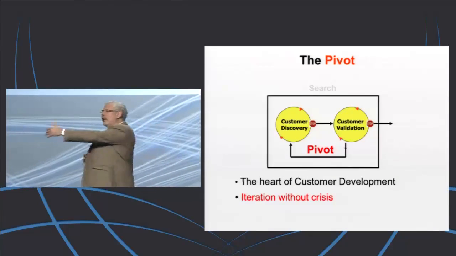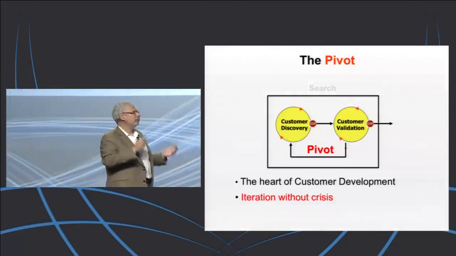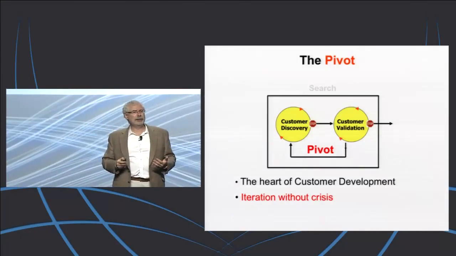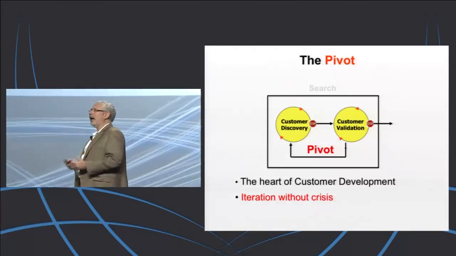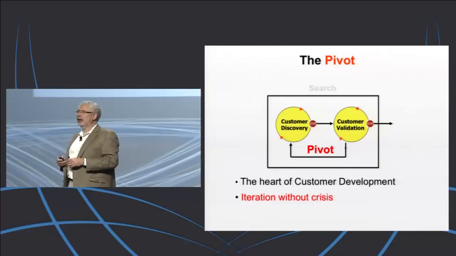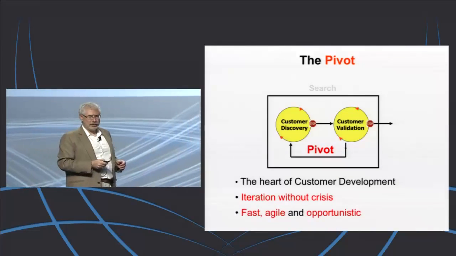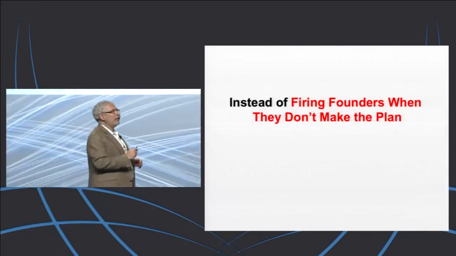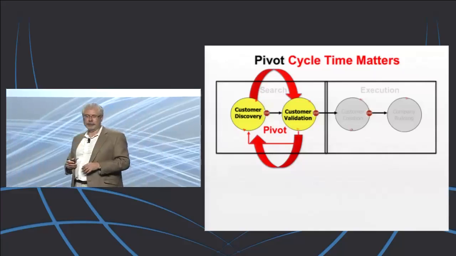Or the pricing model should be direct sale and asset sale. Oh no, actually, they're more interested in the lease model. None of that could be found inside the building. All of those are expensive mistakes to make after you've scaled, hiring 50 salespeople, or gone into production. It allows us to be fast, agile, and opportunistic. So instead of firing founders when they don't make the plan, first thing you do is fire the plan.